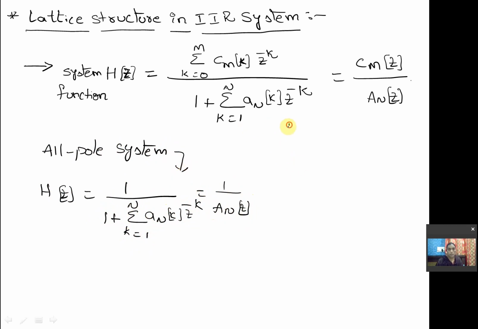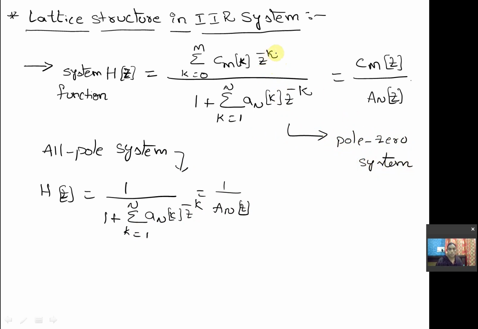If I consider zeros also, the system function is in this manner. It is said to be a pole zero system.